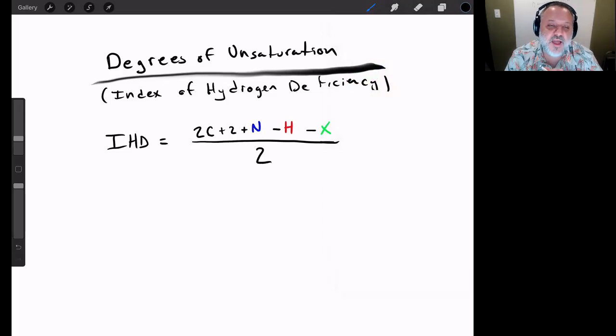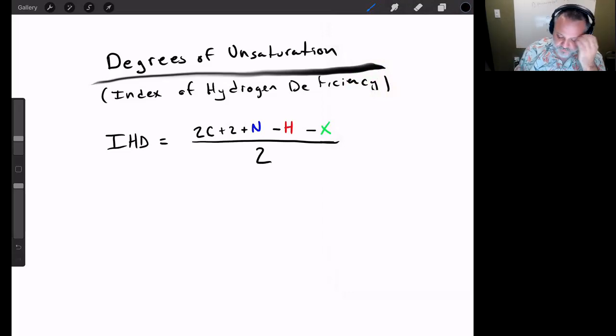And the way that I describe this in a lecture course is to say, we can think about the index of hydrogen deficiency as a currency that we can use to buy possible structural motifs.